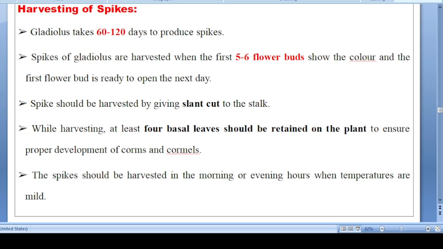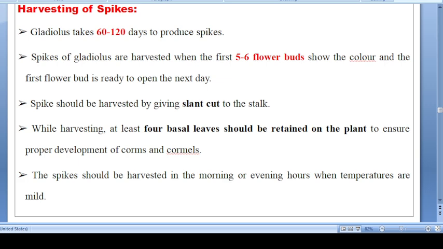Next, once the crop is ready for harvest, how to judge the maturity? The number of days taken for harvest here, in case of tuberose it is the same, there you have seen around 80 to 100 days or 110 days. Here also similar, it is 120 days from planting of corms to harvesting.